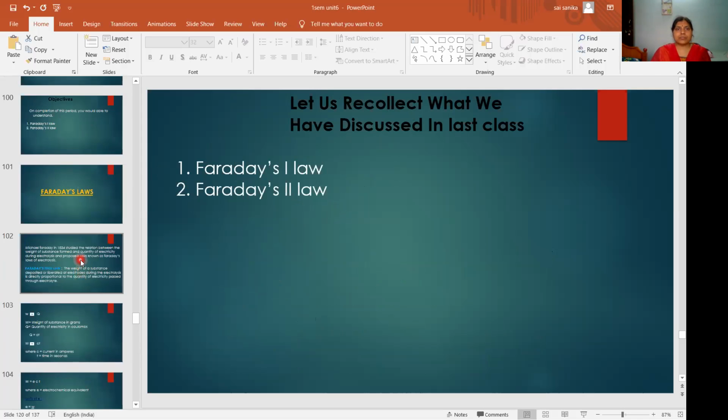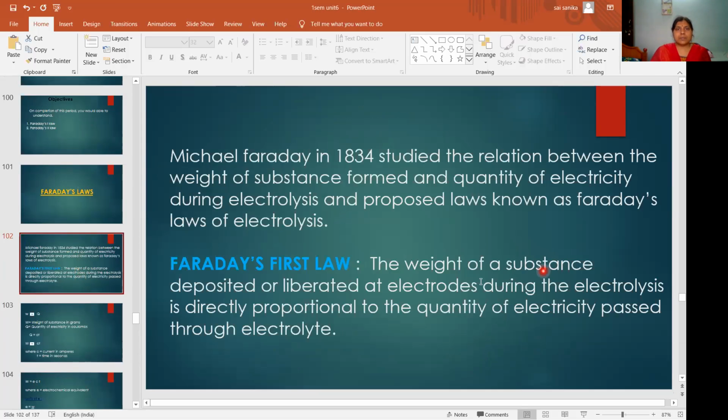The weight of substance deposited or liberated at electrodes during electrolysis is directly proportional to the quantity of electricity passed through electrolyte.